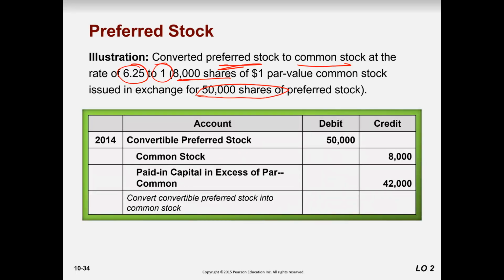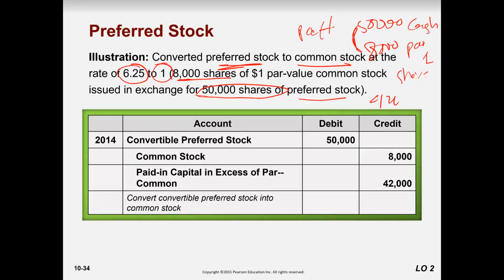So we are now converting the preferred stock into common stock. So 50,000 is the cash behind the preferred stock, and we are giving them 8,000 par value 1 shares. So the difference is 42,000, which is premium. Premium is called paid in capital.